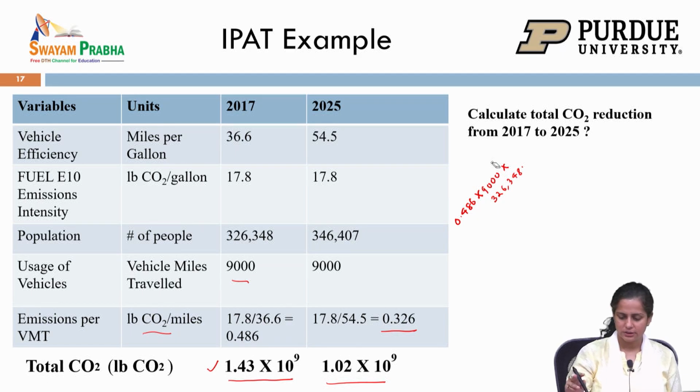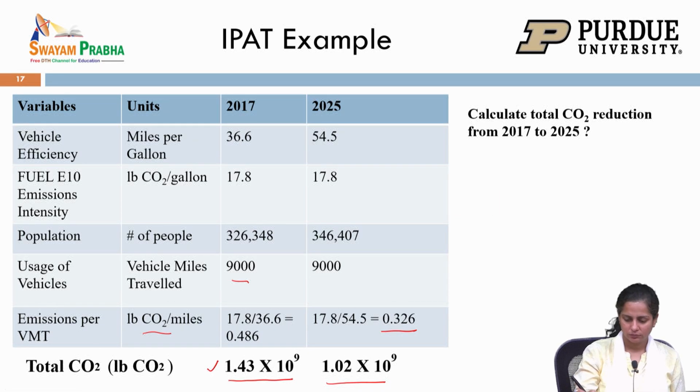If you look at the equation, it is population times the A, which is affluence, the number of miles travelled, and then we have LbCO2 per mile, which is basically the 0.4, the technology part here.